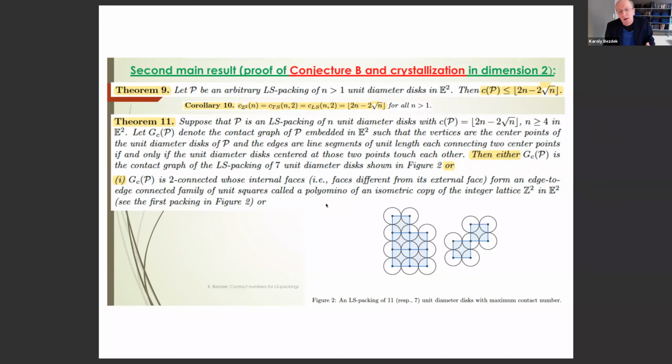It is a full complete understanding of the maximum contact number problem for locally separable unit disk packings. First of all, there is this upper bound on the contact number.